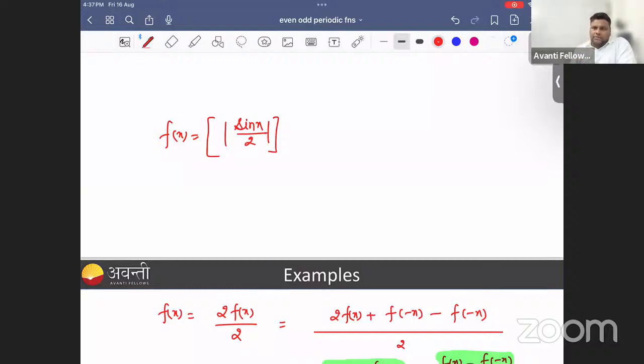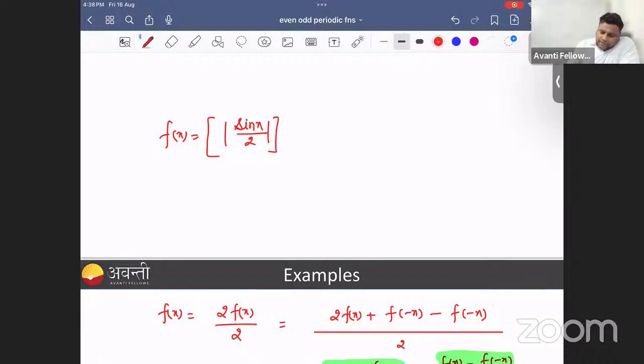Even, okay, Bhagat. Anybody else? Even, Bhuvan, even.